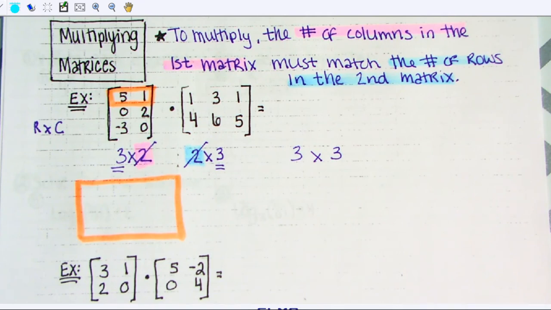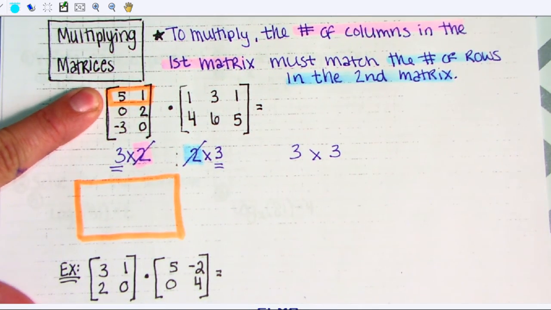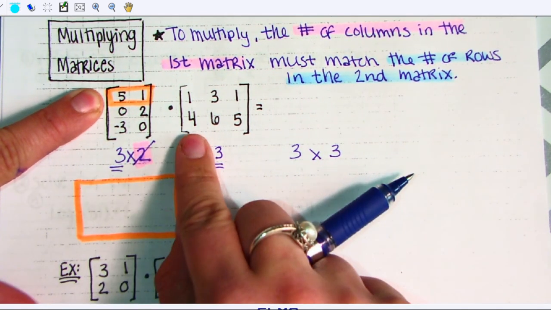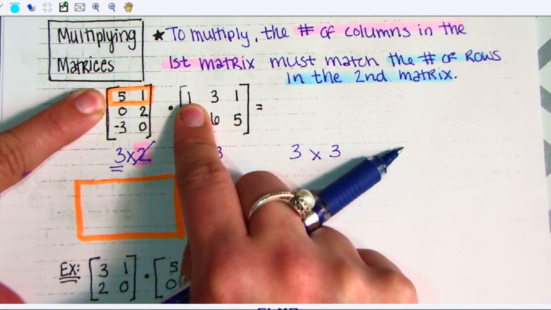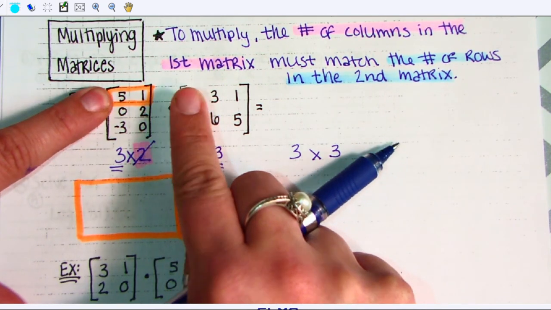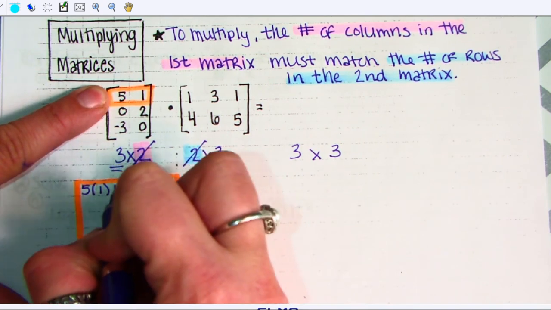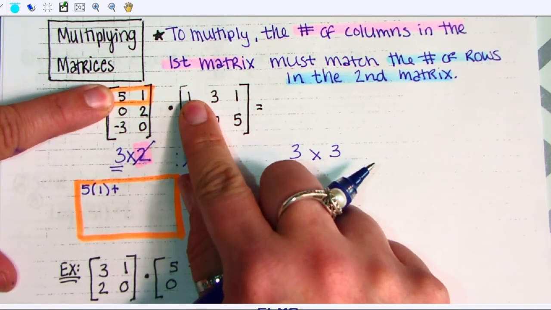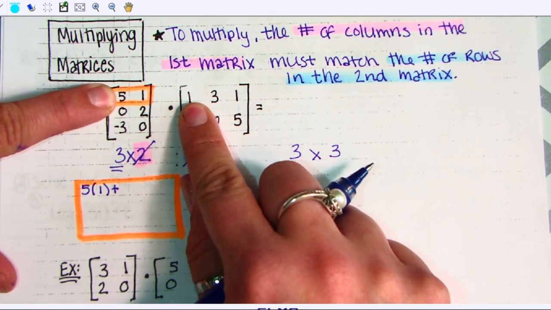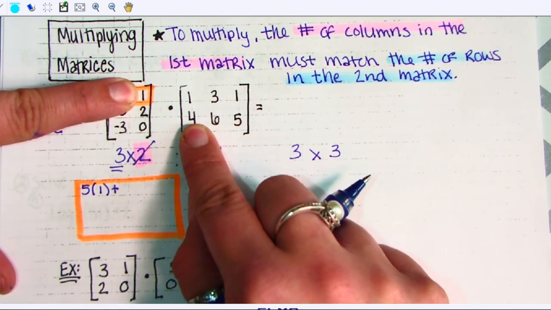The way that you multiply is you start at the top row, and you start at the first column. You do 5 times 1, plus, and then you shift right and down, plus 1 times 4.